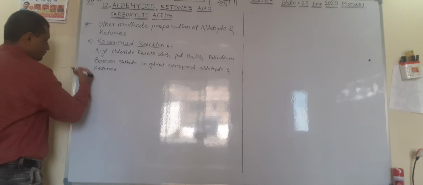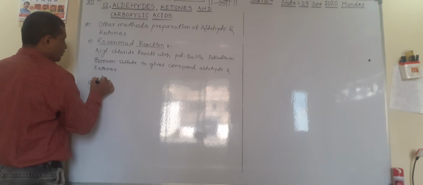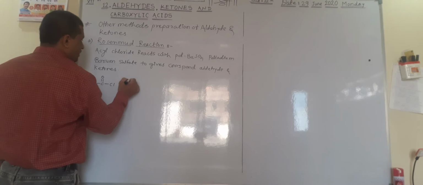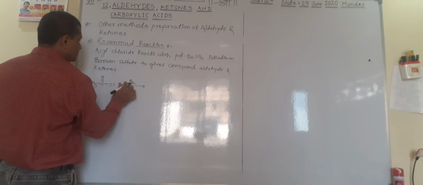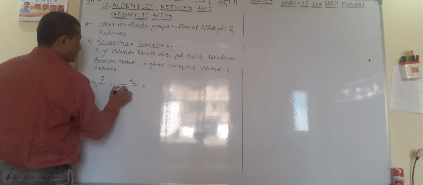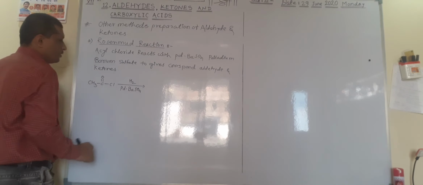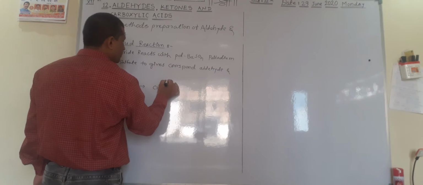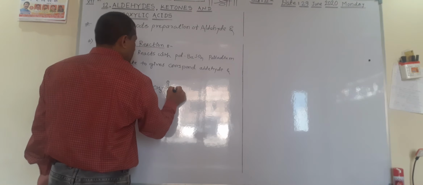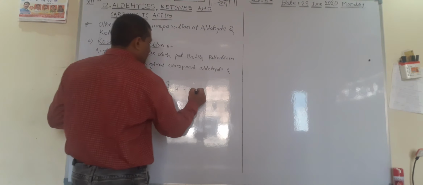For example, acyl chloride CH3 C double bond O Cl reacts with palladium, barium sulfate to give the corresponding aldehyde CH3 C double bond O H, with removal of an HCl molecule.